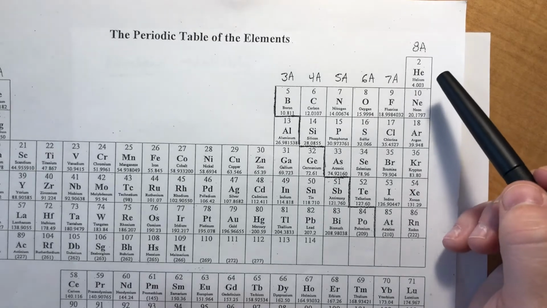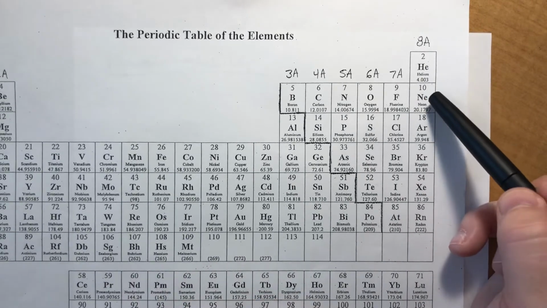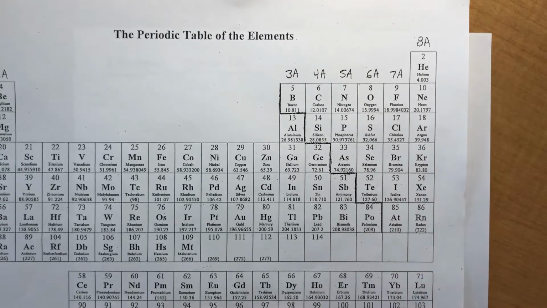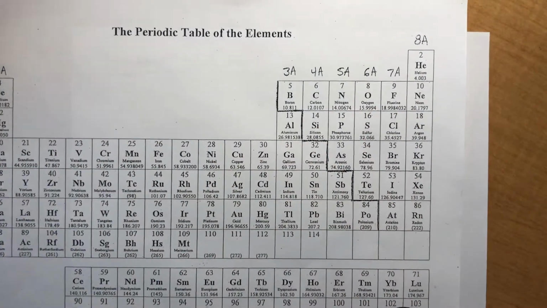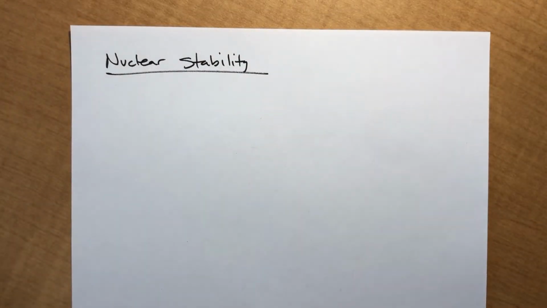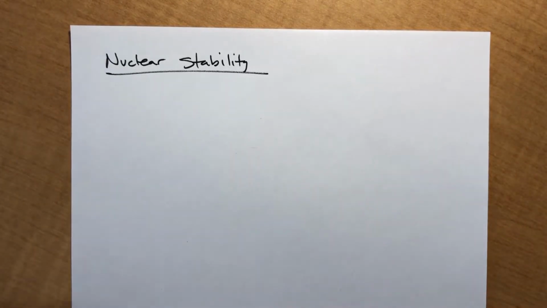One other way to phrase this would be anything that has 2, 10, 18, 36, 54, and 86 electrons is the most stable option available. It doesn't give you the gory details as to how it's more stable. It turns out it's full orbitals and such, but core electrons and all that.